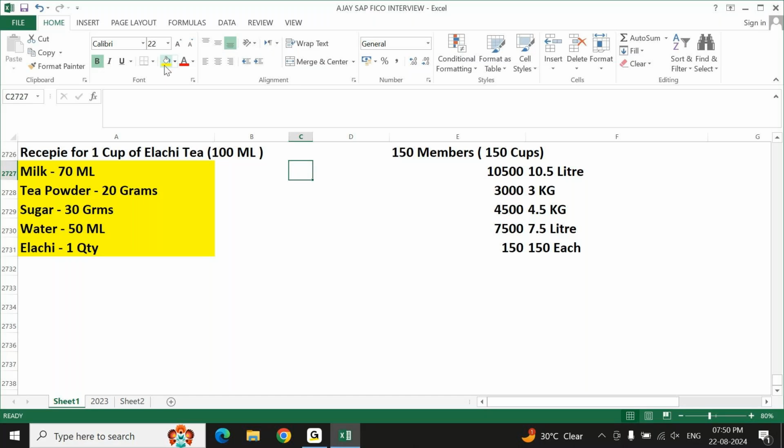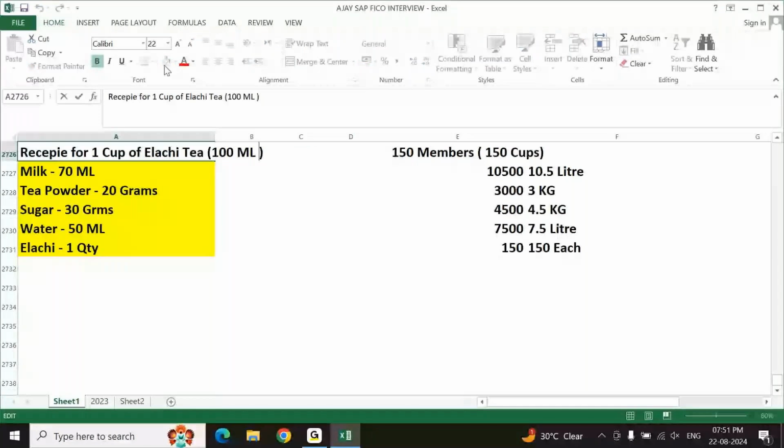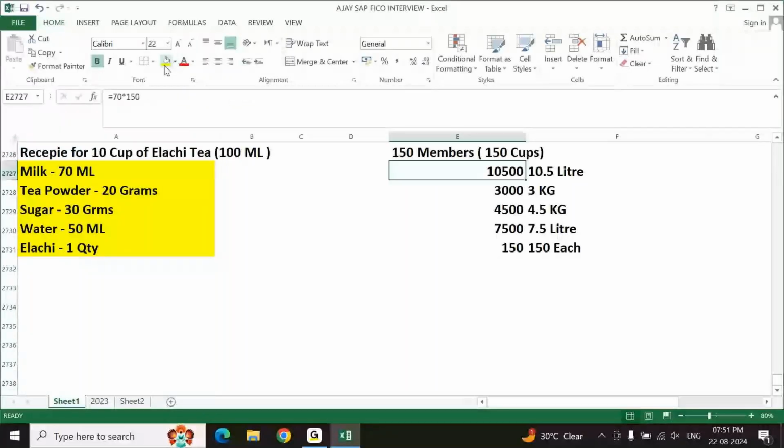If this is for 1 cup, I may be making it for 1 cup. If I am making this for 10 cups, then accordingly this will get changed. If I make this logic for 10 cups, this will be changed because I need to convert this to 1 and then multiply by 150.